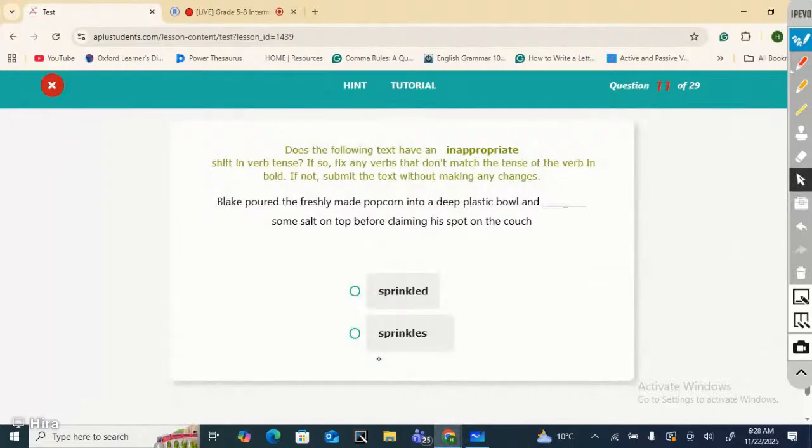Blake poured the freshly made popcorn into a deep plastic bowl and blank some salt on top before claiming his spot on the couch. Sprinkled or sprinkles?